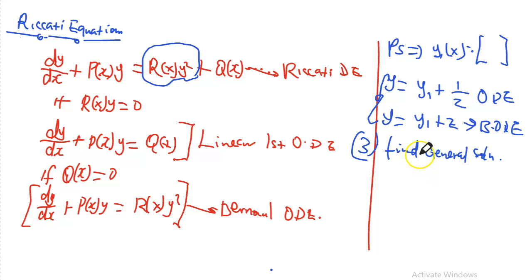After that, you add your complementary solution to the particular solution to give you the general solution of the Riccati.